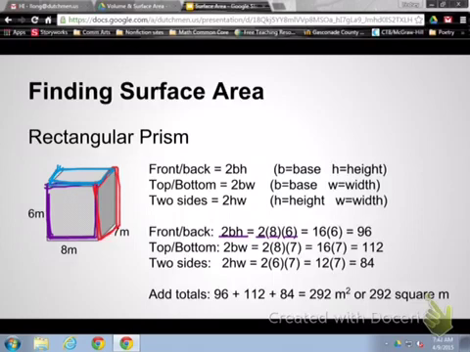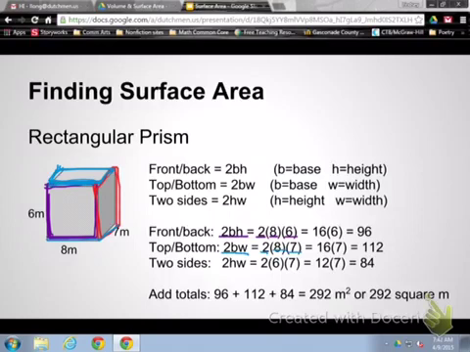I want 2 times the base times the width. My base, from here to here, is the same as this, so it's 8. And my width, from here to here, is 7. So then I can multiply. 2 times 8 is 16, and then 16 times 7 is 112.